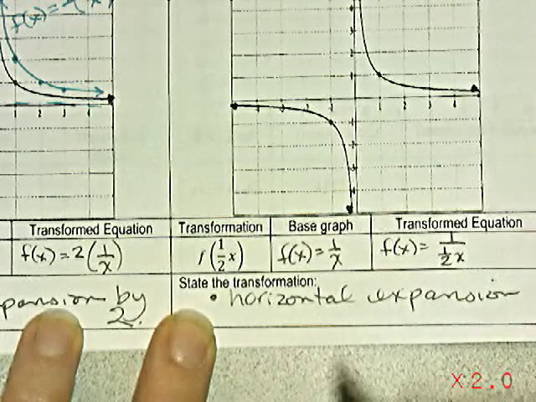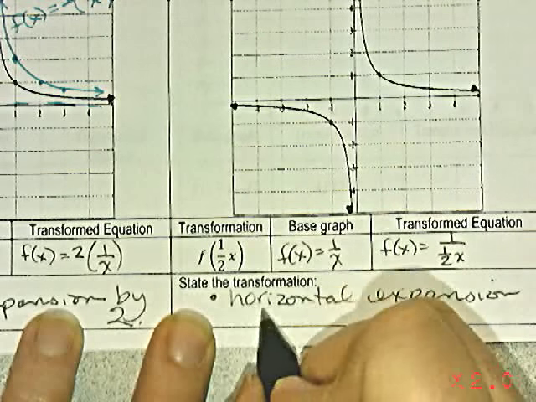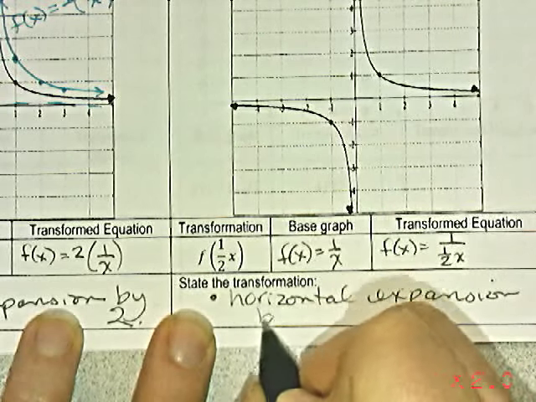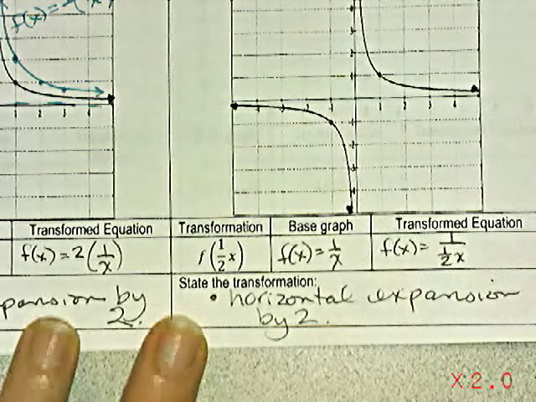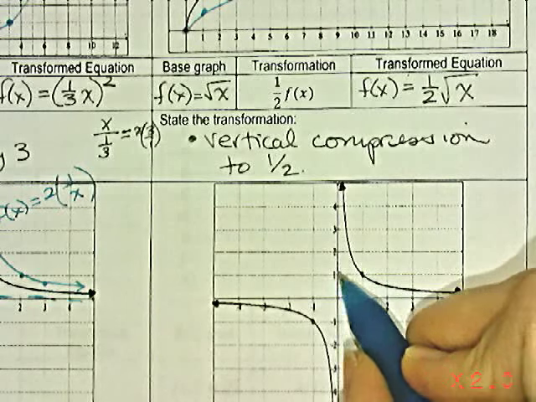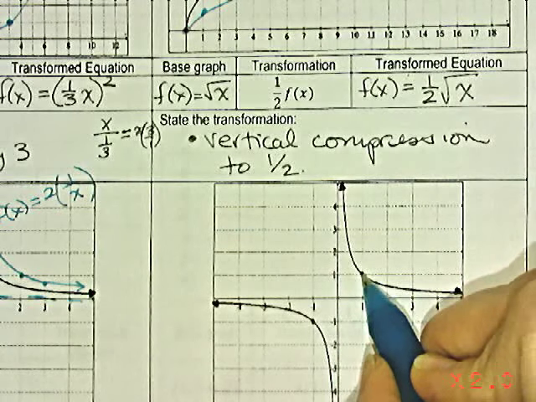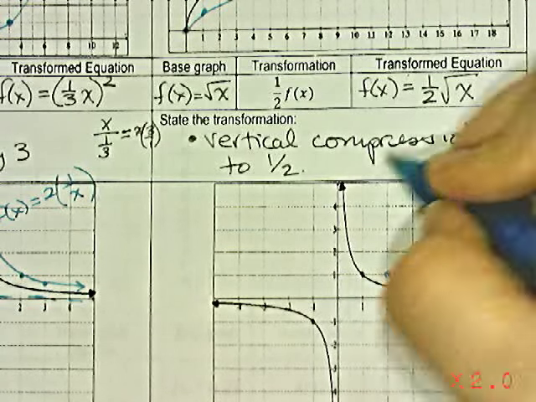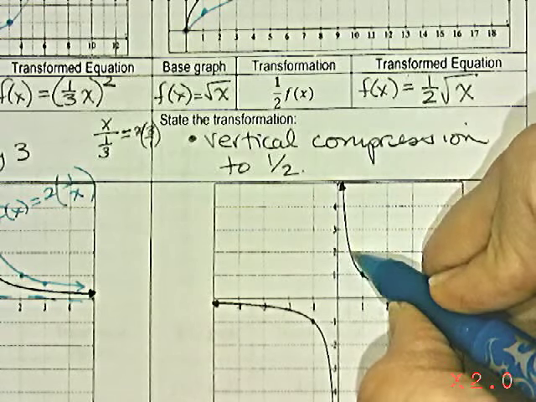Dividing any of our x values by a half, we would invert and multiply, and we would make them twice as big. And so taking a look at my horizontal distances this time, a horizontal distance of 1 will go out twice as big with my expansion, as will a horizontal distance of a half.